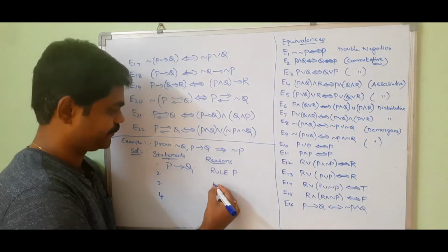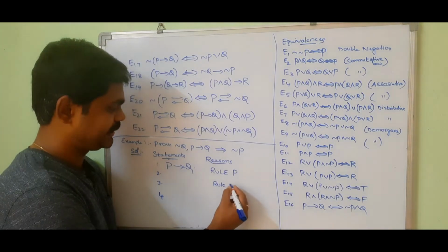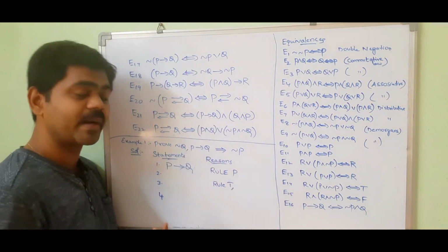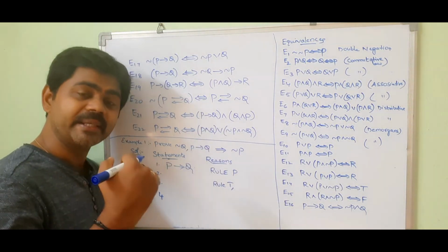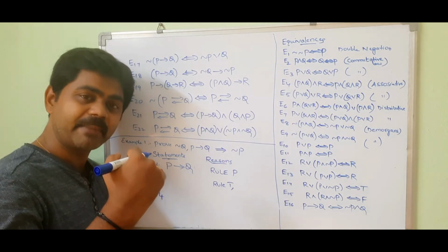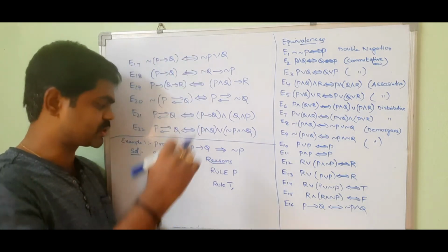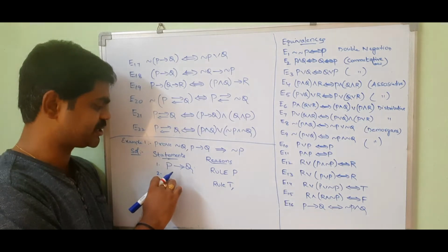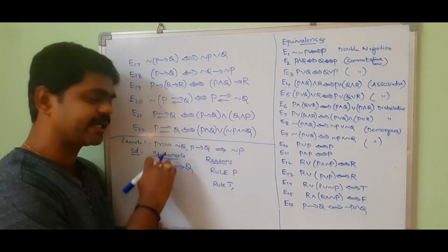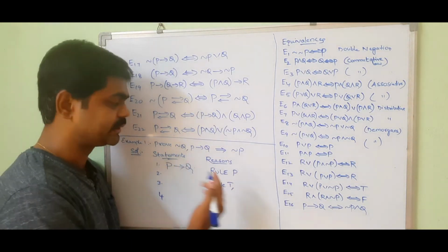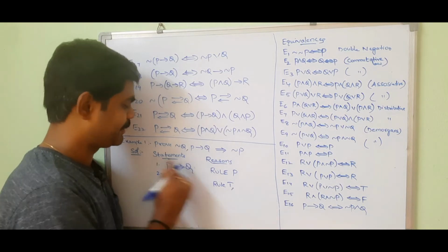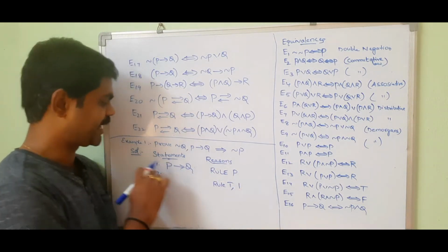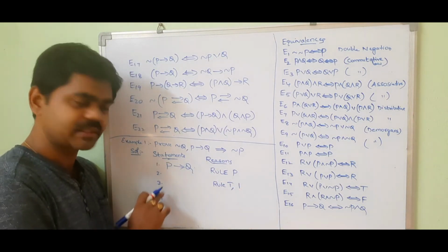Next, rule T. What is rule T here? You can apply it by taking a previous line. I am applying it at the second position, so what is my previous value here? P implies Q, so I can use that. So rule T, comma, my previous line is 1. I have given the numbers here, right? 1, 2, 3, 4.